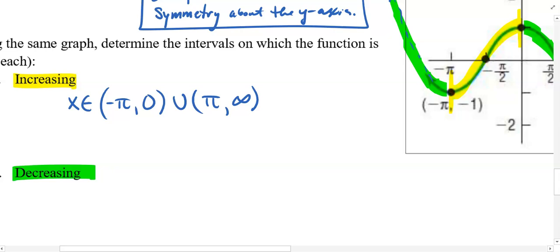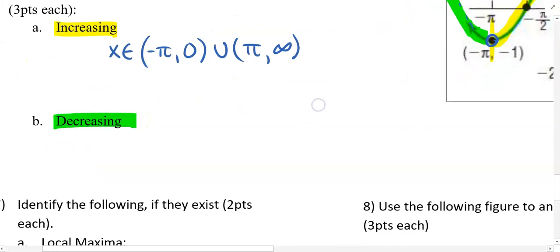And keep in mind here that we can't say that the function is increasing at this specific location or this one either. That's the point where the function is changing from increasing to decreasing. So it's not really increasing at 0, and it's not increasing at an x value of -pi either. So we would leave the rounded parentheses in our interval notation here.